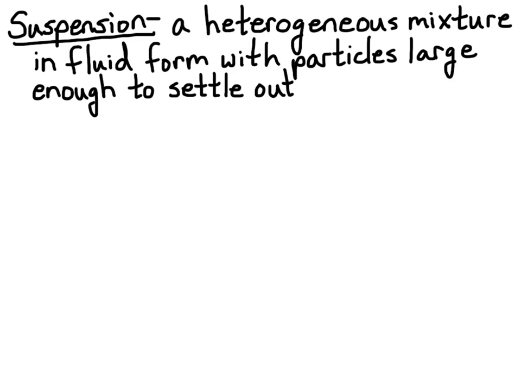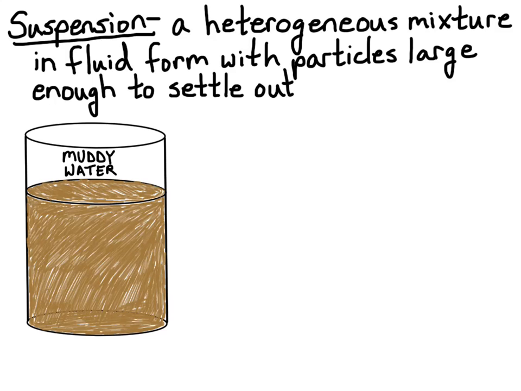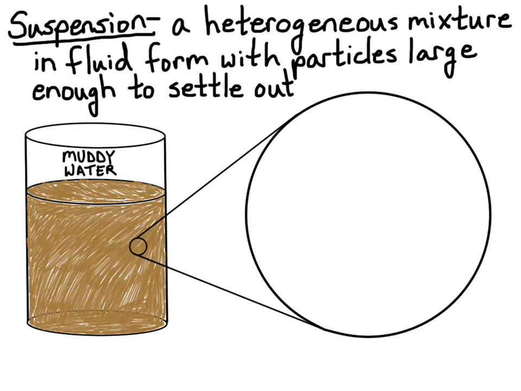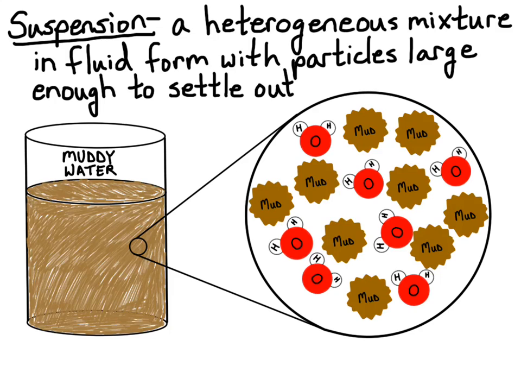So for our suspension, we are going to look at a heterogeneous mixture that has shown up already a couple of times, and that is some muddy water. If we look at the particles of muddy water, if we're able to see them, what we would see is this mixture of water molecules, the H2O Mickey Mouse ear-looking molecules there, and then our mud particle, which technically wouldn't be mud, but for our purposes that's good enough.